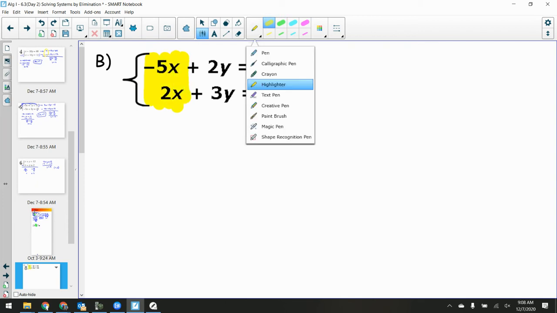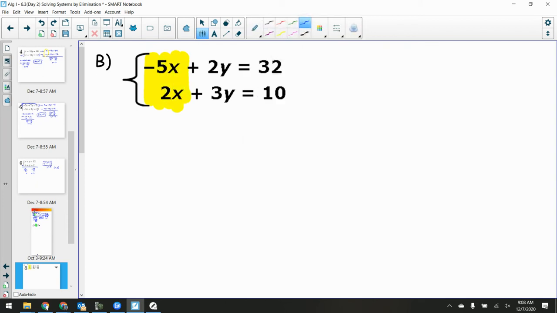So I'm going to get these to be the same number. What number is that going to be, David? What's my LCM between 2 and 5? 10, right? I'm going to try to get these both to 10. What number am I going to multiply the top equation by? 2.